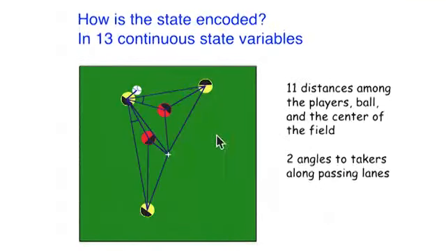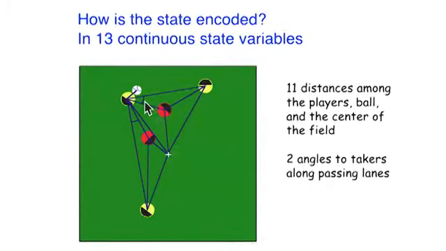Okay, so the first thing we do is we take the whole of soccer and we turn it down to 13 numbers. Those 13 numbers are things like, how far am I from the ball? How far am I away from my teammates? And most importantly, how far am I from the takers? Are they closing in on me? And we're also interested in these angles, the angle between the passing lane to my partner and the taker.